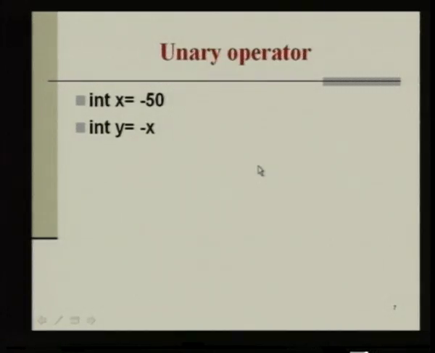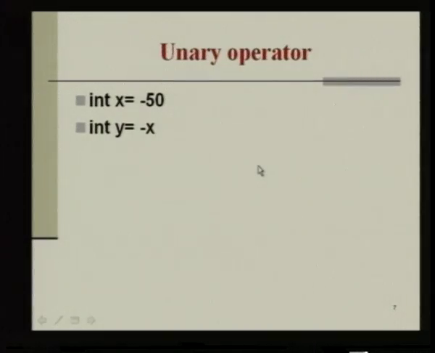So this is an example for the minus unary operator. When we want to assign some sign to a data value, we use this minus operator. Here is an example. Integer x, which represents that x is a variable. It is of integer type and it is a signed integer because we are assigning a minus value to that 50.